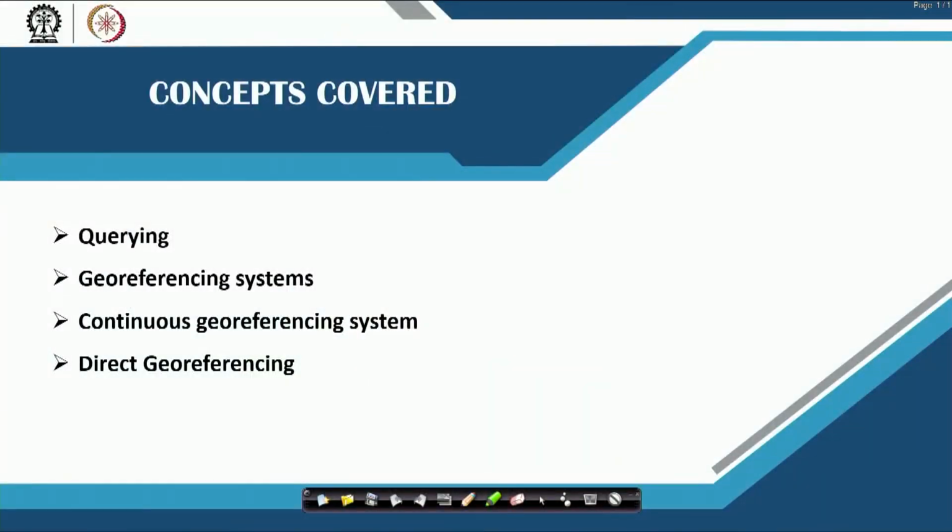So in today's class we would look at querying first, then we would go into georeferencing systems, the different georeferencing systems that we have, like the continuous georeferencing system and the discrete georeferencing system.